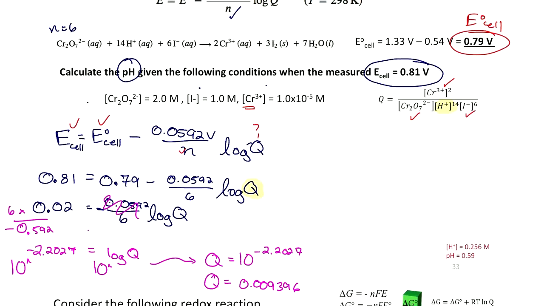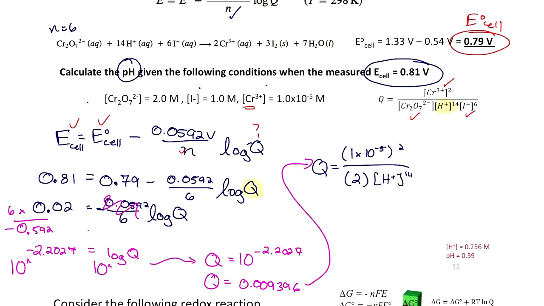That's a little bit deviated from the cell potential at standard conditions. That's not our answer. Now we need to plug the actual known concentrations into that Q expression. So Q is equal to the chromium concentration, which I already told you is 10 to the negative 5, squared, over the chromium oxide concentration, so 2 molarity, times the H plus concentration, that is what we are solving for, times the I minus concentration, which I think is just 1.